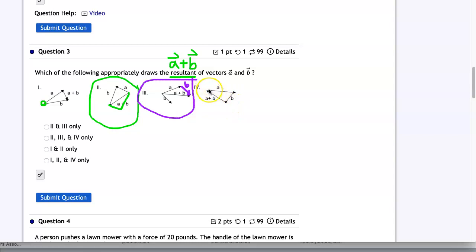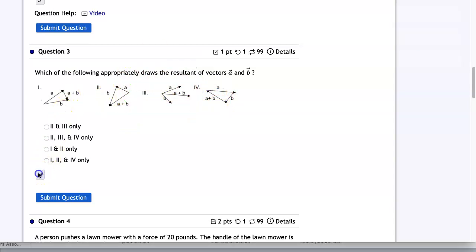You see, if A is acting this way, and B is acting this way, there's no way that A plus B can be going in that direction. Instead, we would expect to see that A plus B would be acting in the opposite direction. That would be a correct A plus B. So our only two options are 2 and 3, which we see here, 2 and 3 only.